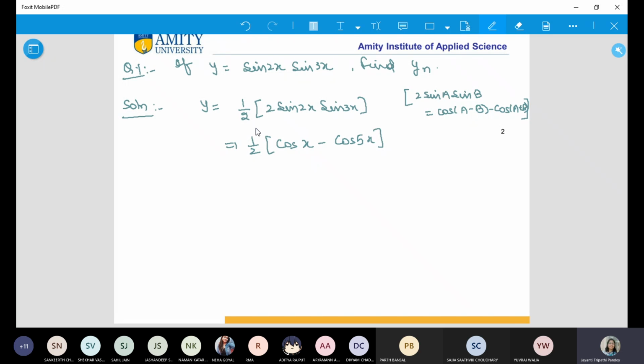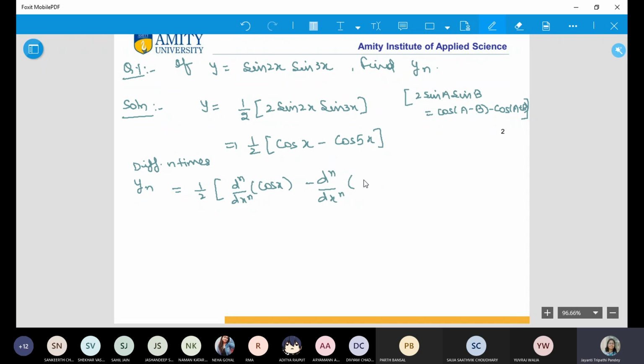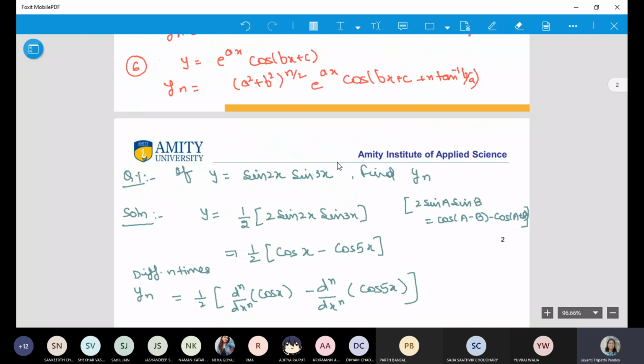Now it is in the structure that we are looking for. If I have to find yn, so differentiating n times, yn is half d^n by dx^n of cos x minus cos 5x. Now we will look for the formula. Check the formula for cos.